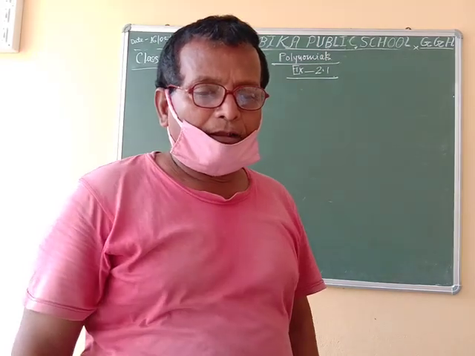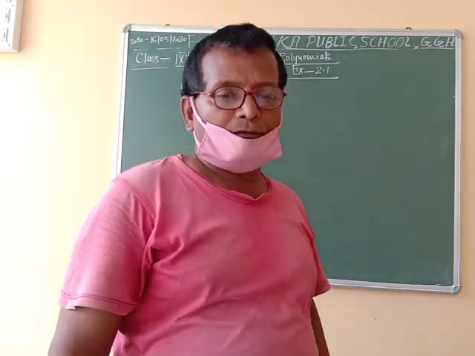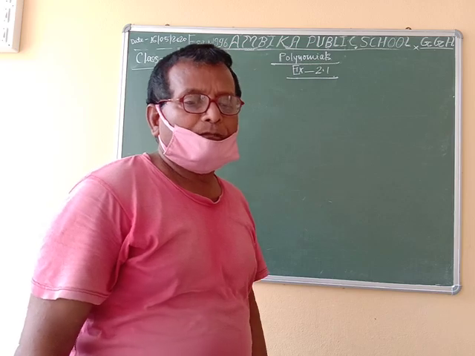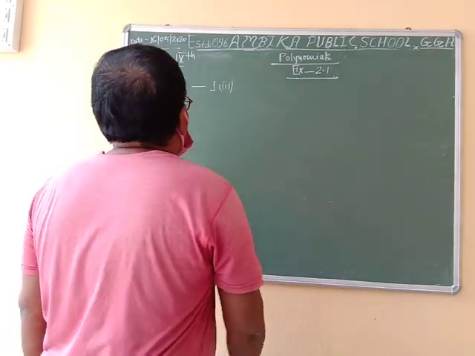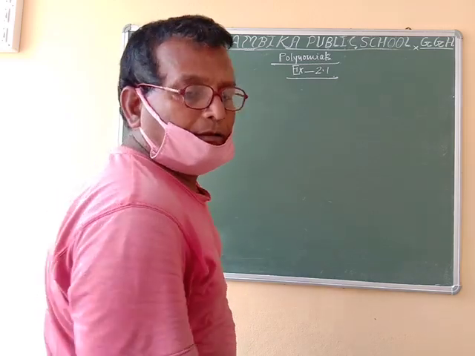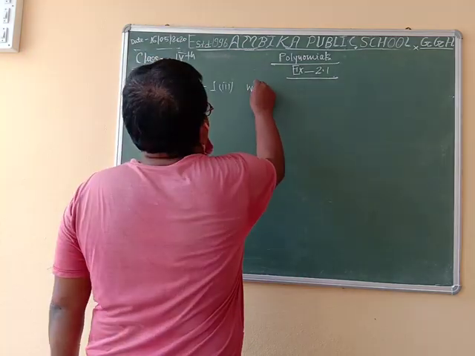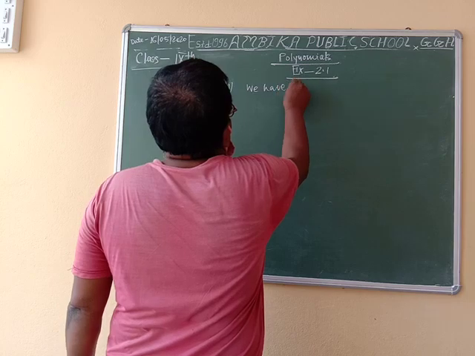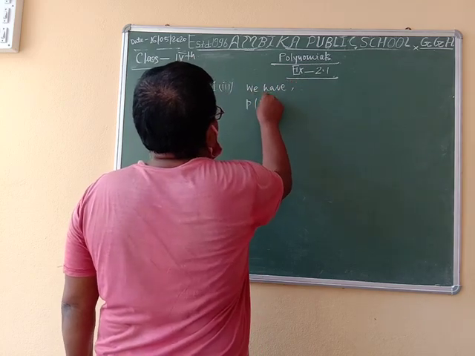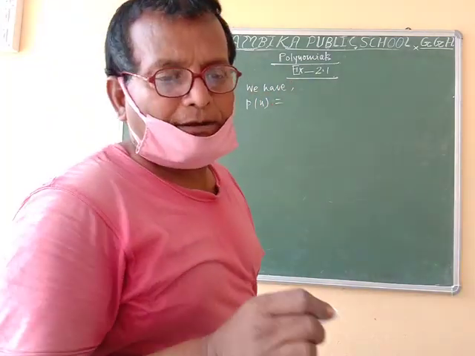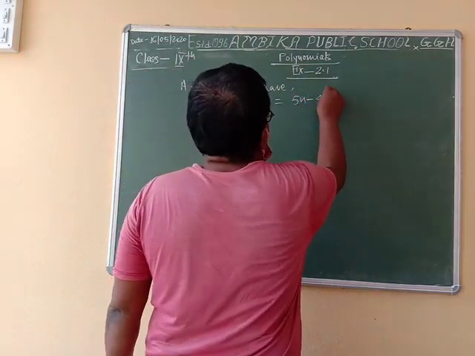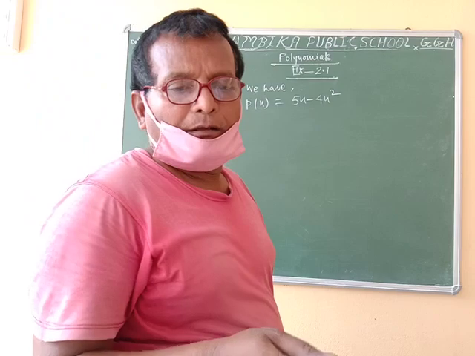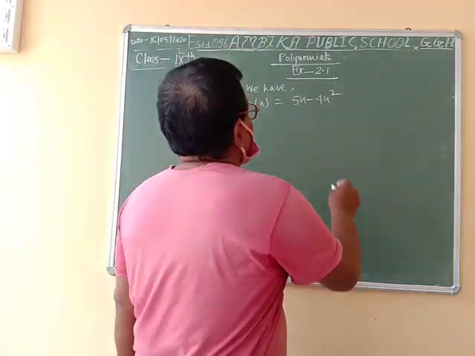Students, in this period I am going to solve question number 1. We have P(x) is equal to 5x minus 4x square plus 3.